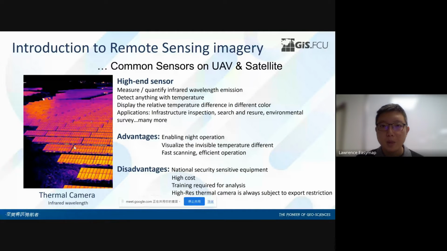It doesn't necessarily mean that I've got money and I can buy such a sensor. And it is expensive, of course. There's a lot of training required in order to analyze those results and pictures. And the high-resolution thermal camera is always subject to export restrictions.